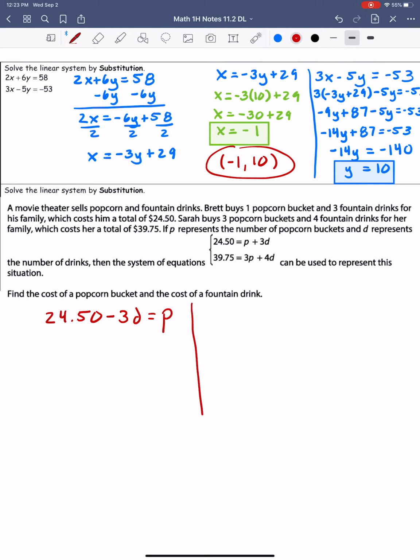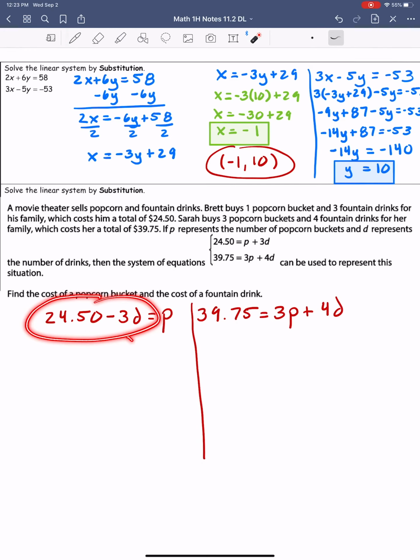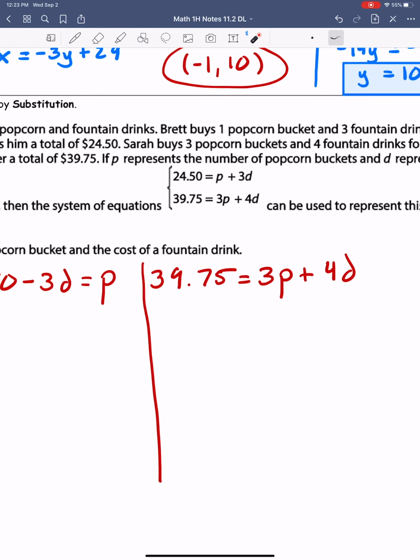And then my other equation is going to be 39.75 equals 3p plus 4d. And so now I have this p variable by itself, so I can take this expression here and plug it in for p in my other equation. So I'll go ahead and do that.